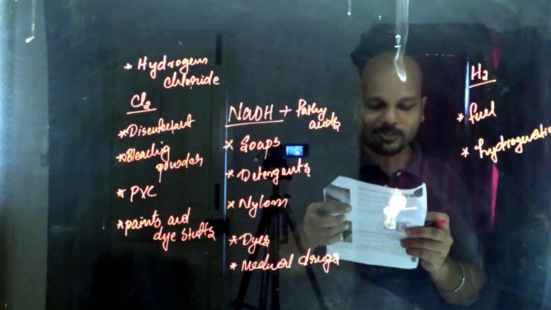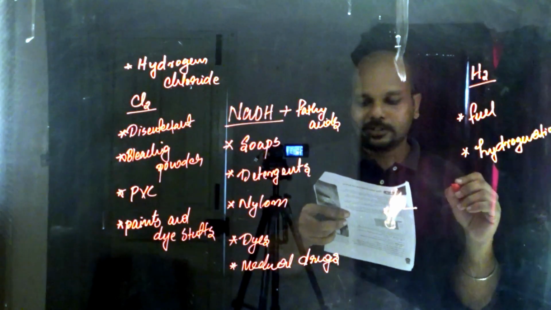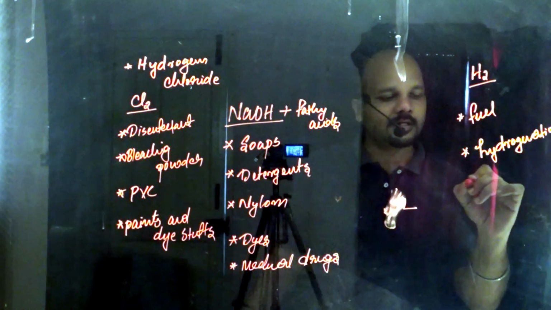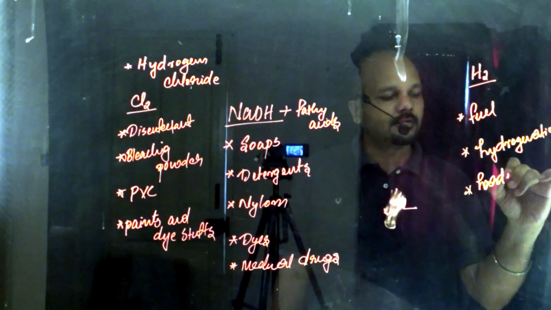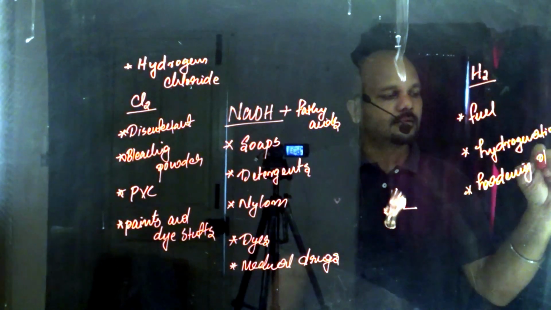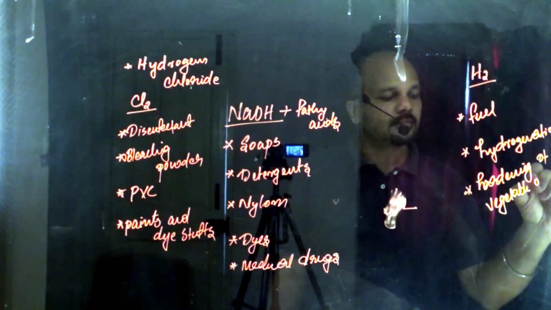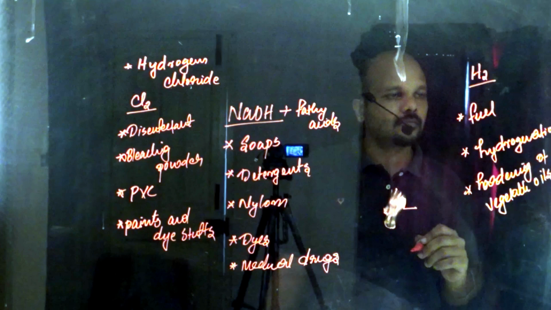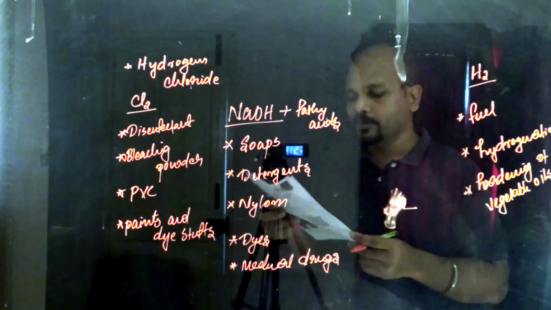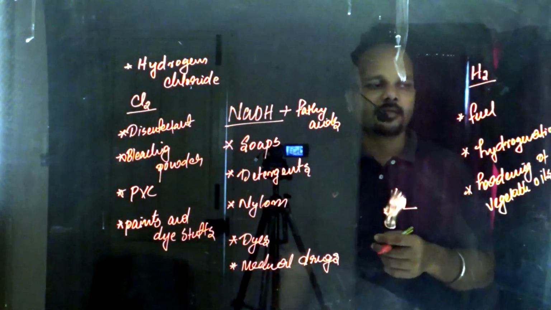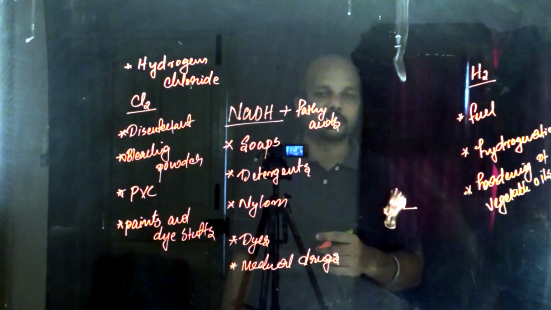And other applications of hydrogen, it is used in the hardening of vegetable oils. Okay, hardening of vegetable oils. So these are some of the applications, right?